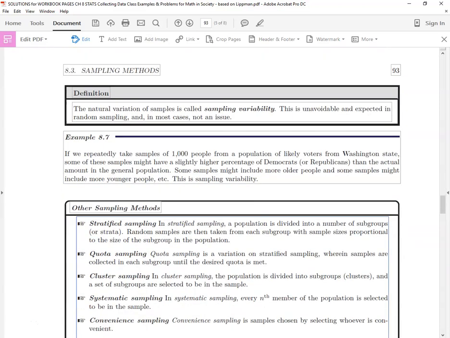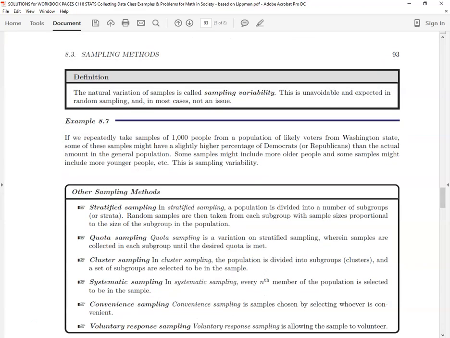So now let's look at page 93. We have the natural variation in samples. Sometimes we have sampling variability. That's okay to have a little bit of that.